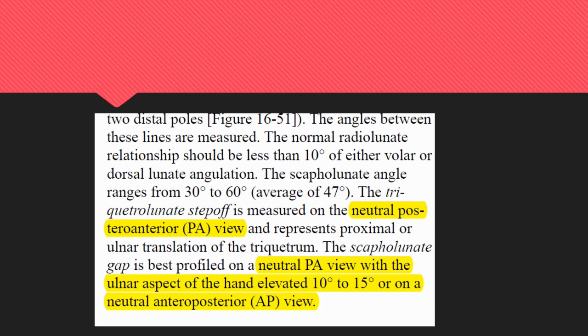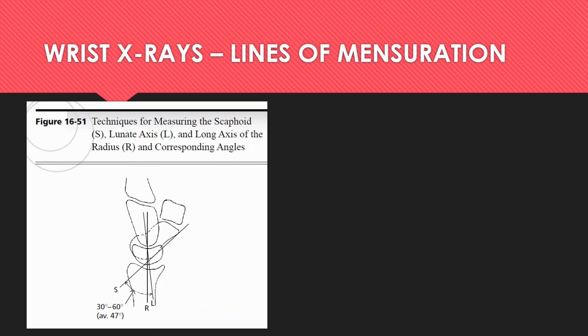Okay, so let's look at these lines as they're depicted in figure 16-51 of the AMA guides. Here is figure 16-51, and as I said, the first line that you want to draw on the lateral closed fist stress radiograph is a line connecting the distal poles of the lunate bone.